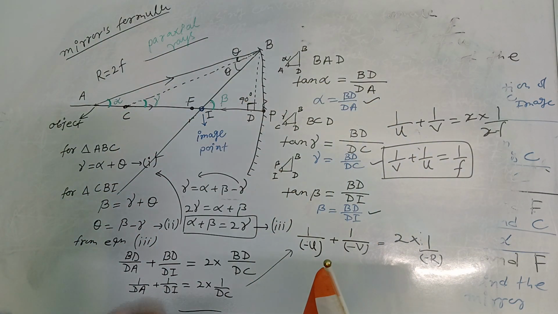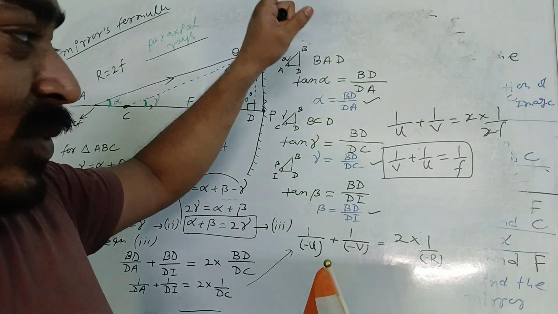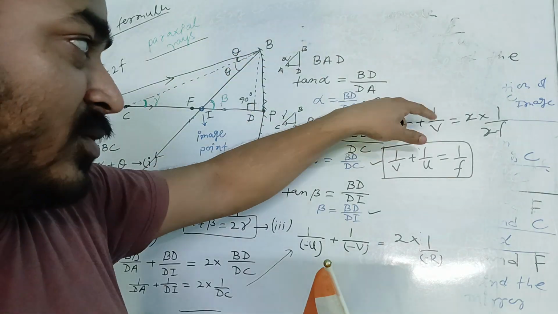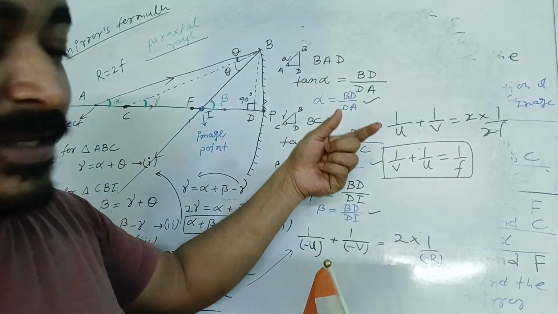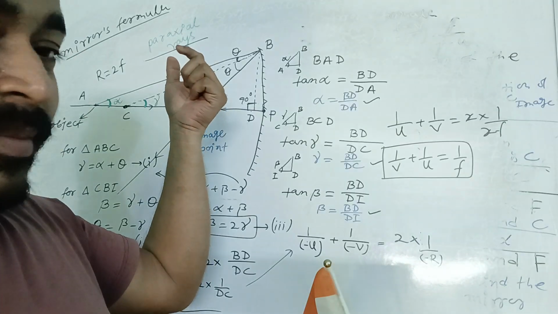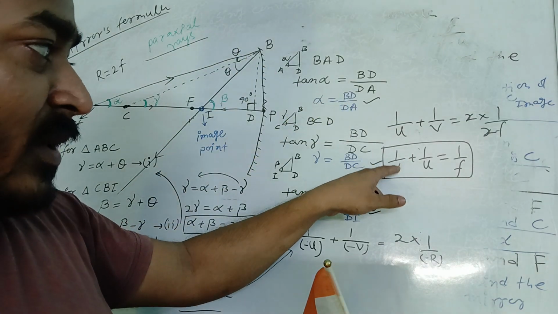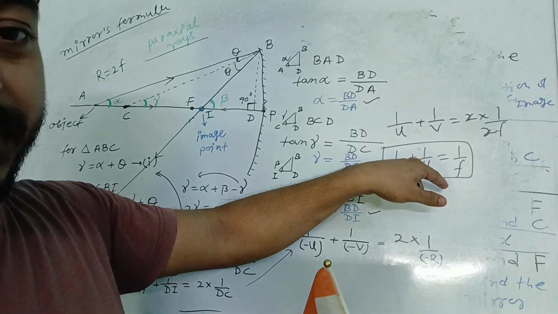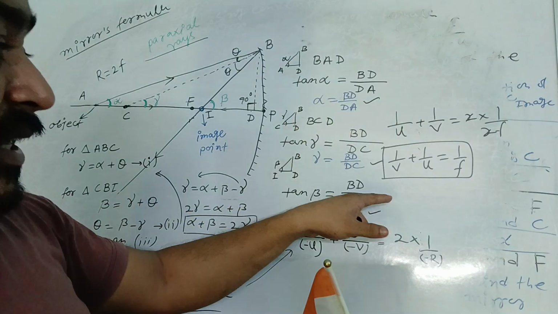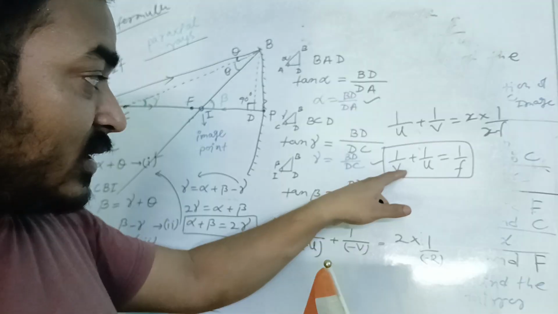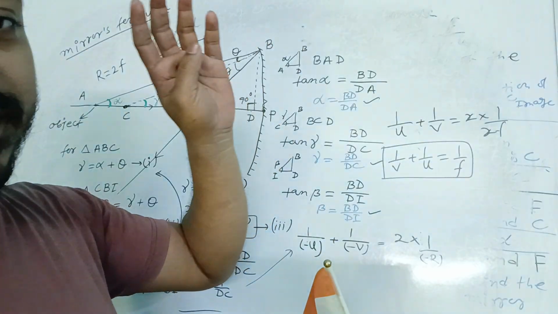So initially we wrote 1 by v plus 1 by u, the same. So this is the relation between object distance, image distance and focal length.